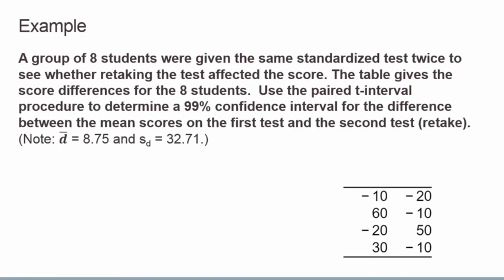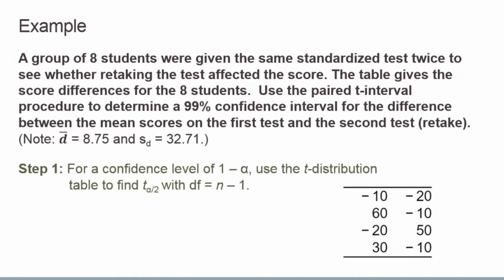Note: d bar equals 8.75 and s sub d equals 32.71. My data set is -10, 60, -20, 30, -20, -10, 50, -10.